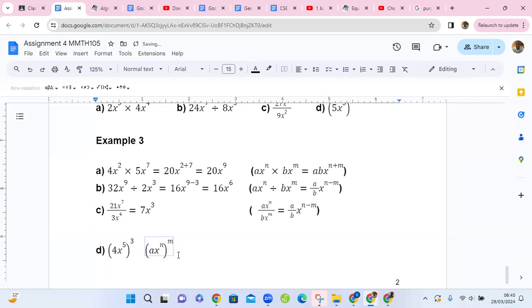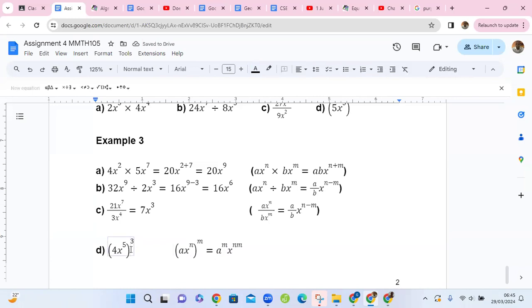So in such a case, what you do now is you raise all what's inside the bracket by that exponent. So a is raised to the m, and x to the n is raised to the m. So basically, you are multiplying n by m. So that will be the answer, the rule.